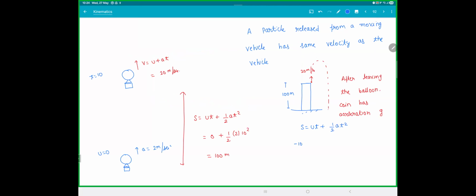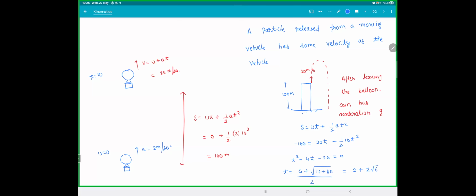Substitute the values here: minus 100 equals 20t minus half g, 10, t square. You will get a quadratic equation, t square minus 4t minus 20 is equal to 0. t is equal to 4 plus root over 16 plus 80, by 2. That's 2 plus, how much is that? 96. 96 is 16 times 6, so 2 root 6.